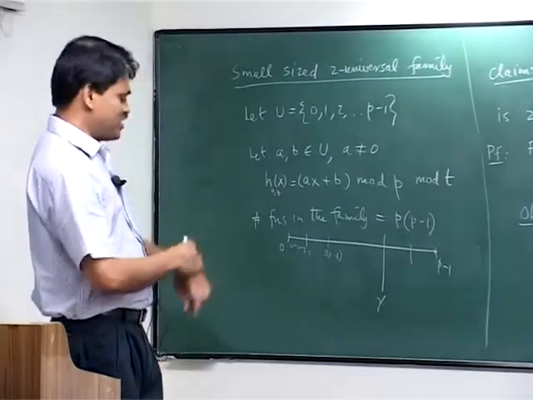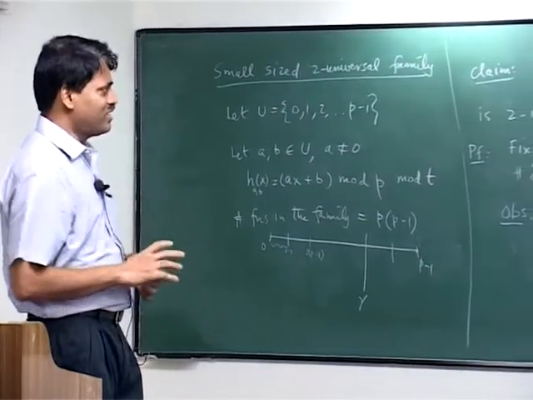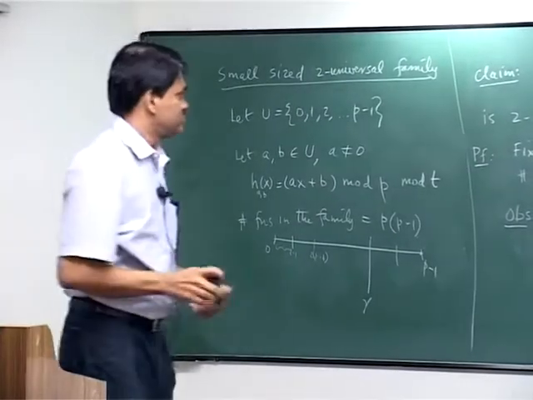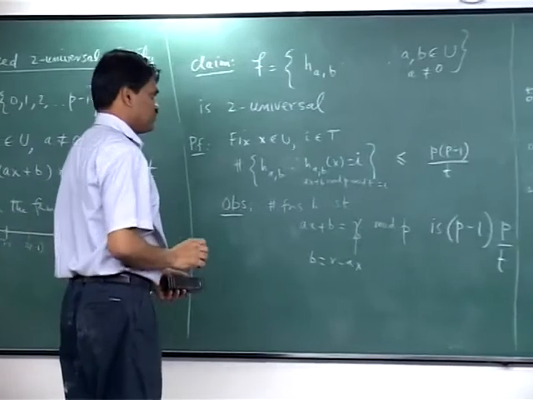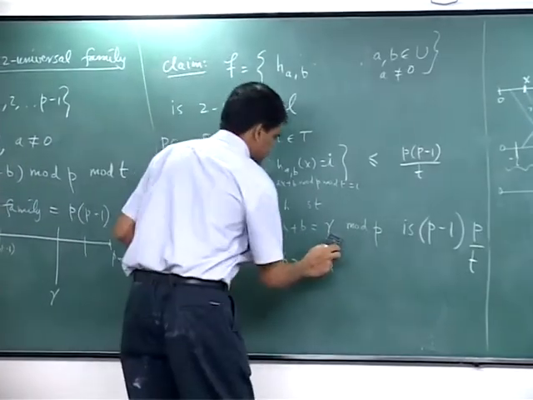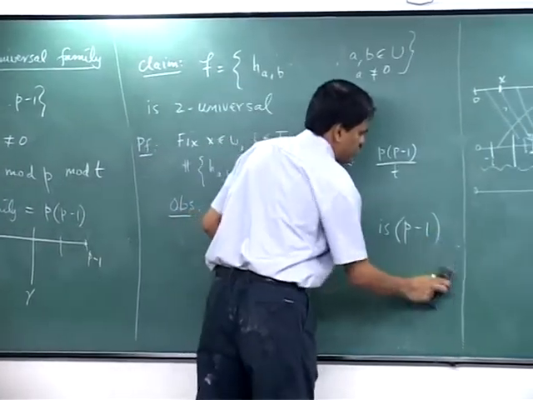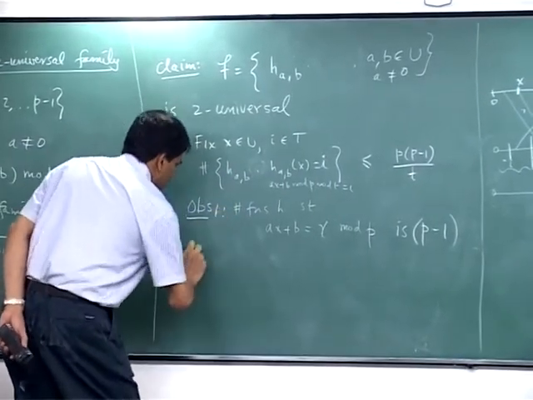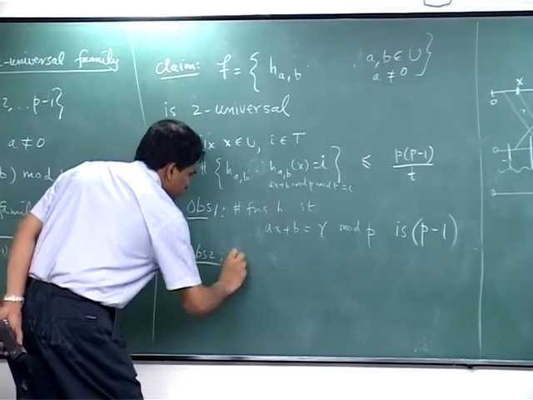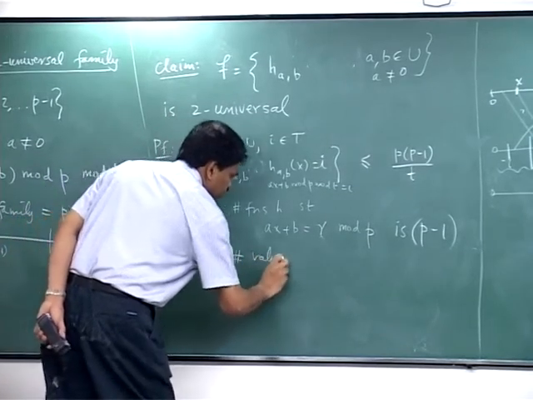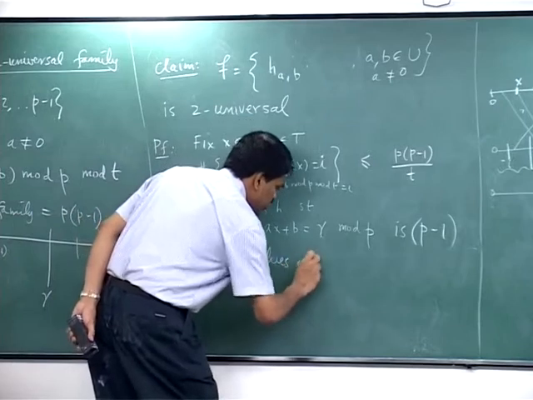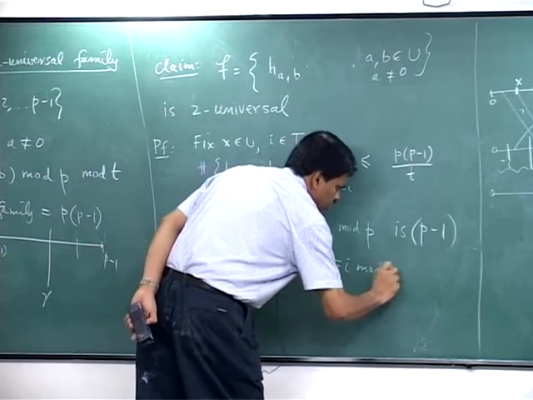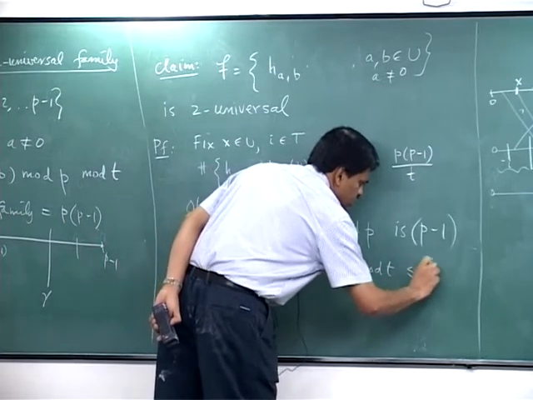Okay, the second observation is somewhat similar, very similar actually. The number of values in the universe congruent to i mod t is at most p by t.